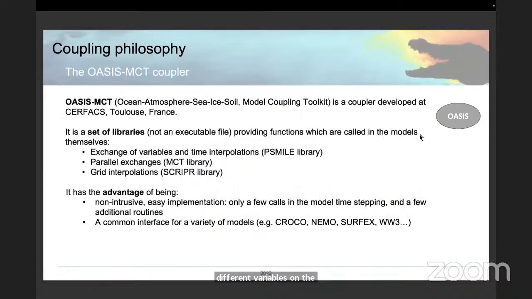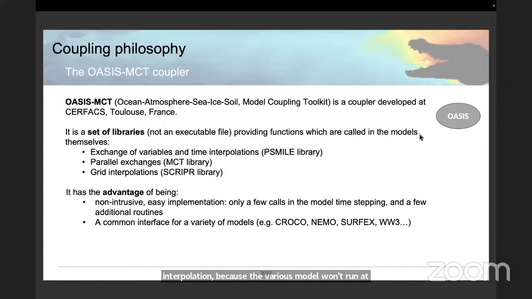Basically, Oasis is a library that is developed at CERFACS in Toulouse, France. It's a set of different libraries that provide some useful features. There is the PSMILe library, which is built for the exchange of variables and time interpolation, because the various models won't run at the same time step.